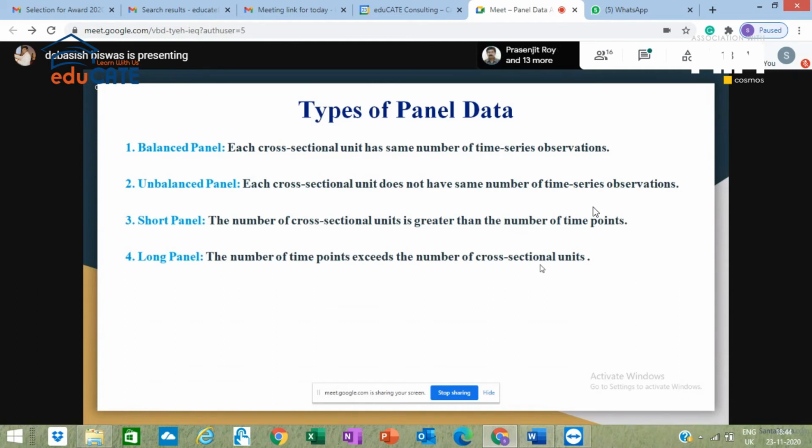Your cross-sectional unit is 5, but the time period is 10 years. So that type of panel will be called a long panel. So in case of a long panel, the number of time points exceeds the number of cross-sectional units. In this way, we can classify different types of panel data. It might be balanced panel, unbalanced, short, and long panel.